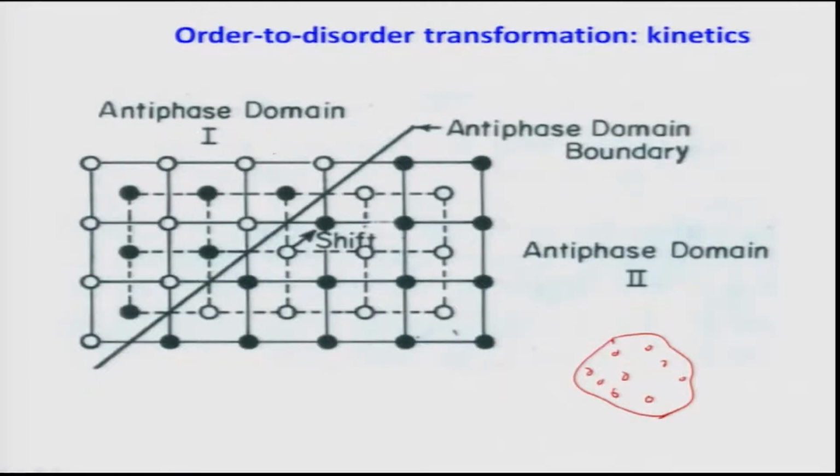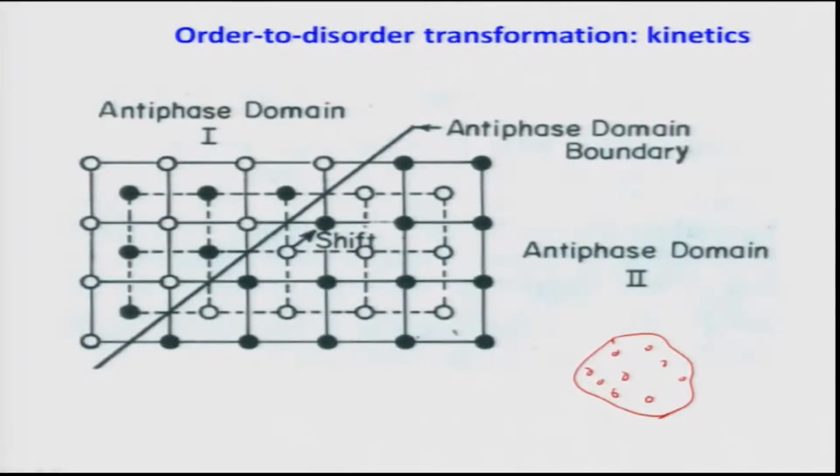So, if one part of the grain, or the ordered crystal, was going with such an arrangement, and the other part of the grain was going in another way, that is, the corner atoms are occupied by gold and the face center positions are occupied by copper in one, while in the other the face center atoms are occupied by gold and corner atoms are occupied by copper, and if they grow and meet, a boundary will form.